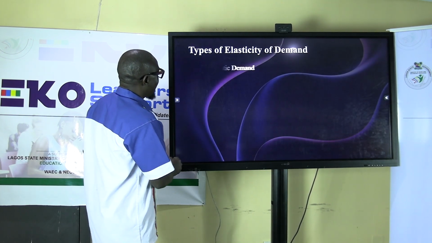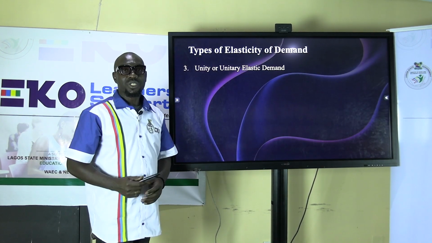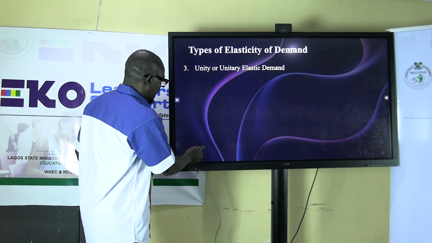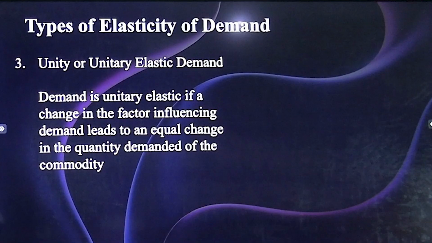Third, we have the unity or unitary elastic demand. And like the name goes, it is a case where a percentage change in price leads to the exact same percentage change in quantity demanded.